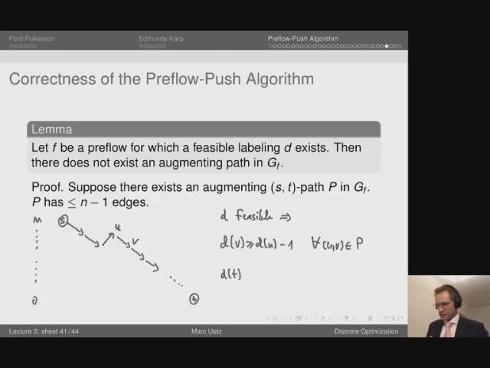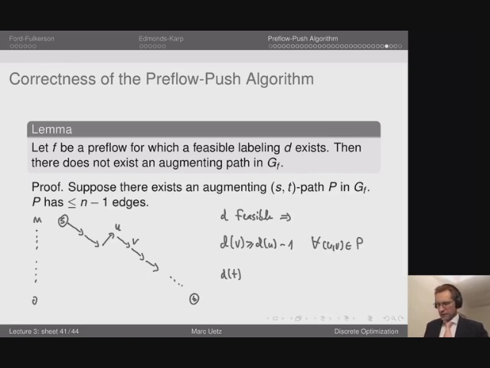Okay, so let's have a look. Suppose there exists an augmenting s-t path in the residual graph. Certainly such a path has no more than n-1 edges. But now we have a feasible labeling D, and that means that all the edges in the residual graph are possibly downward sloping but not too much, or upward sloping.